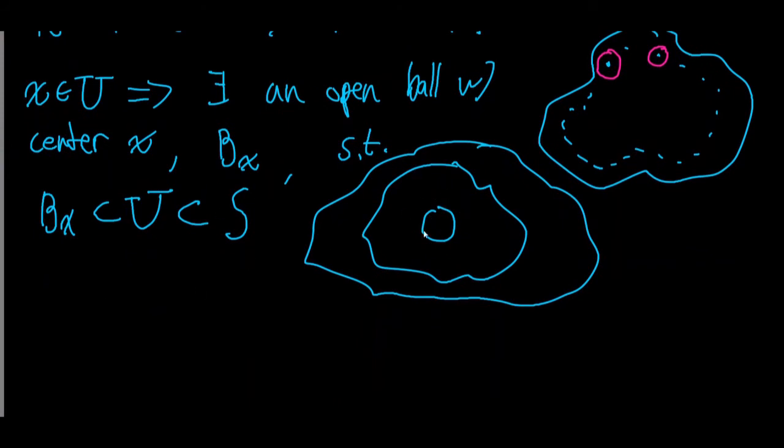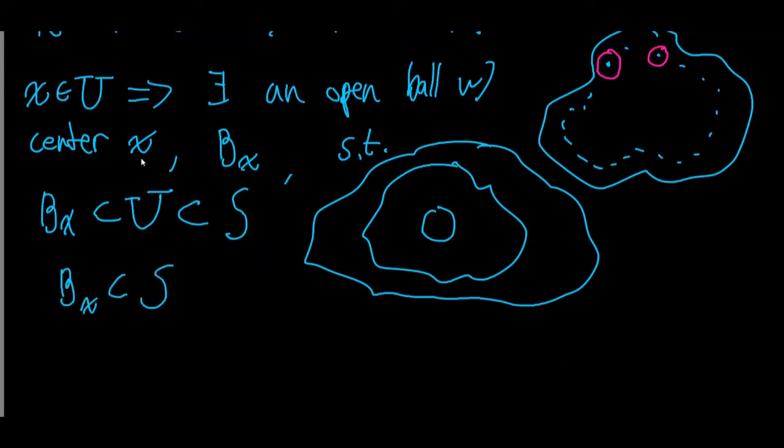This is not what it always looks like, but just to give you some intuition behind what this statement feels like in picture form. So BX is contained in S.